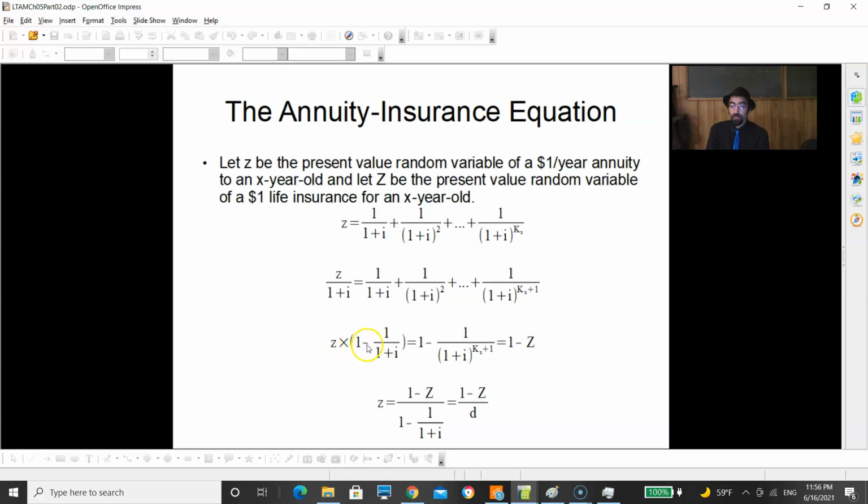So you get z times (1 minus 1 over 1 plus i) equals 1 minus big Z. So little z equals (1 minus big Z) over (1 minus 1 over 1 plus i). And this 1 minus 1 over 1 plus i, you might recognize as the discount rate, d. And that's the shorthand I'll be using, d for discount rate.